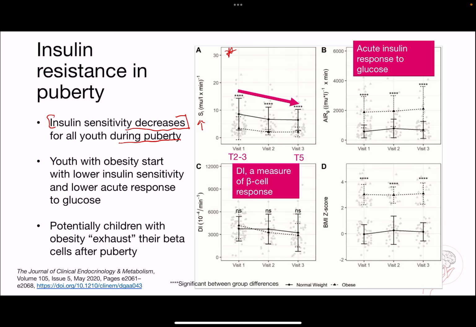And the normal weight group is the circles, and the obese group is little triangles and is dashed. And we see that both groups decrease insulin sensitivity. But you also probably noticed that the kids with obesity start much lower. They have a lower insulin sensitivity and a lower acute response to glucose, which we see here.